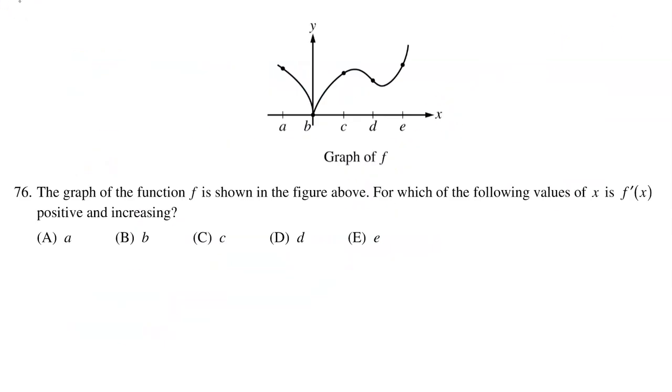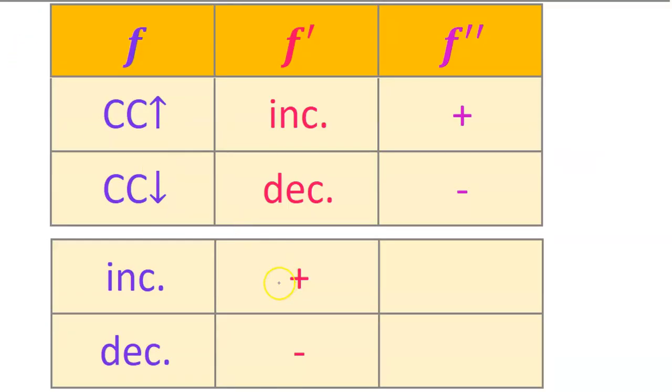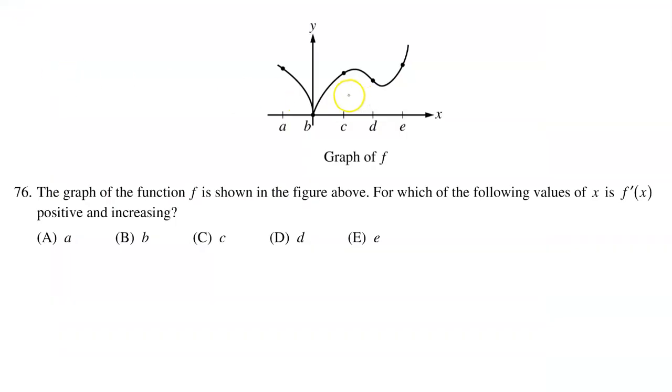The graph of function f is shown in the figure above. For which of the following values of x is f prime of x positive and increasing? First of all, we know that f prime will be positive when f is increasing. Graphically, f is increasing when it is rising from left to right.